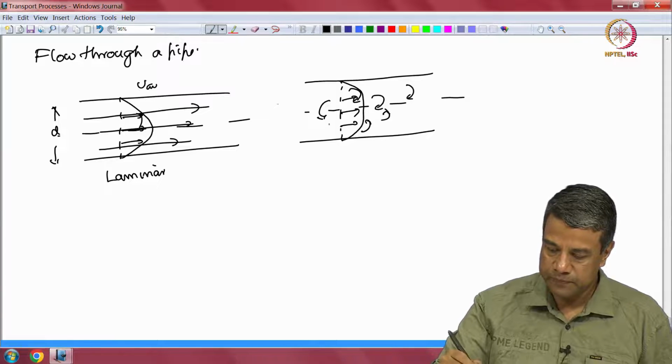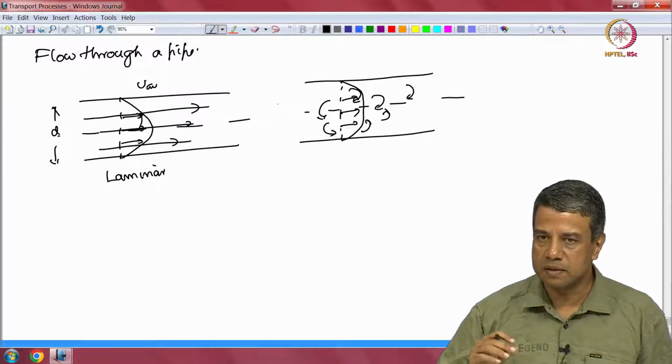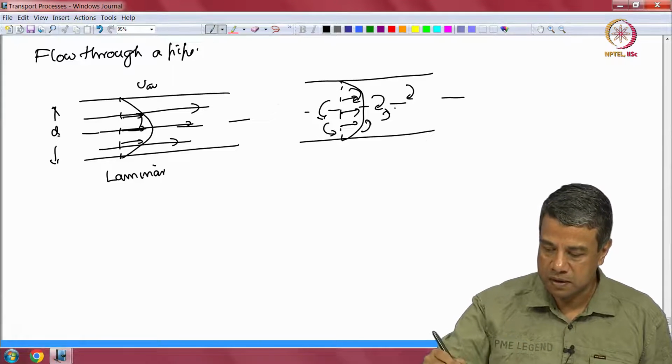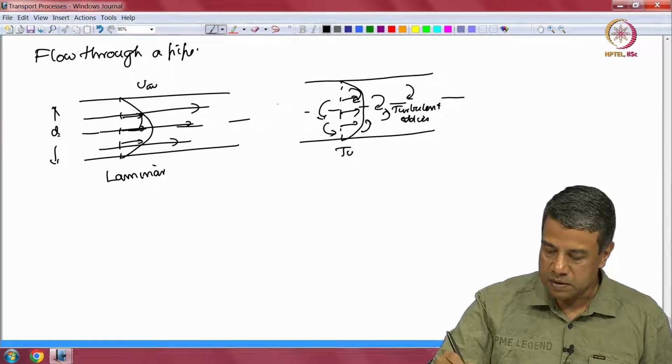And these fluctuating parcels of fluid that are in correlated motion are what are called turbulent eddies. And this is what is called a turbulent flow.